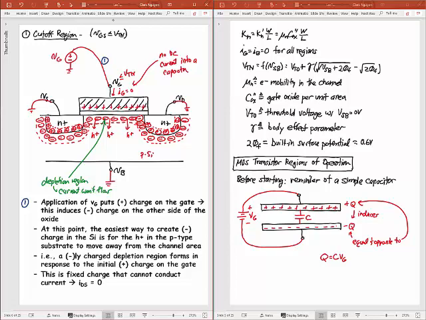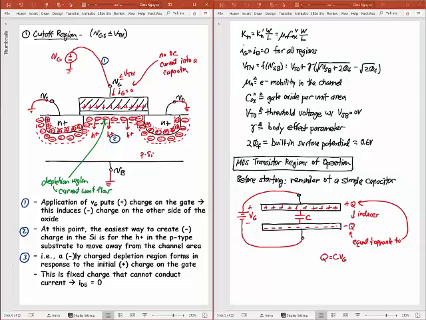All right? And so I guess to finish my picture, that's one. Two I just drew here, right? Two is the holes moving out. Three on this is a negatively charged depletion region forms. Okay, because it's simply just the easiest thing to have happen.